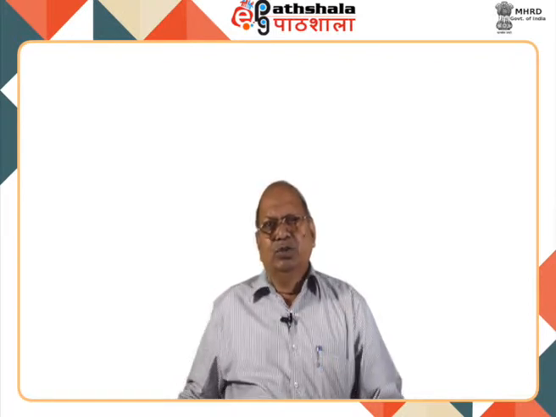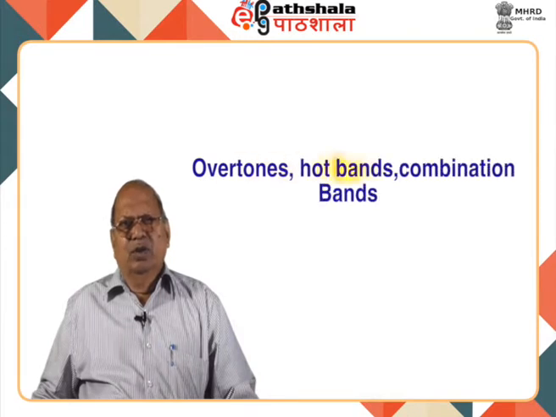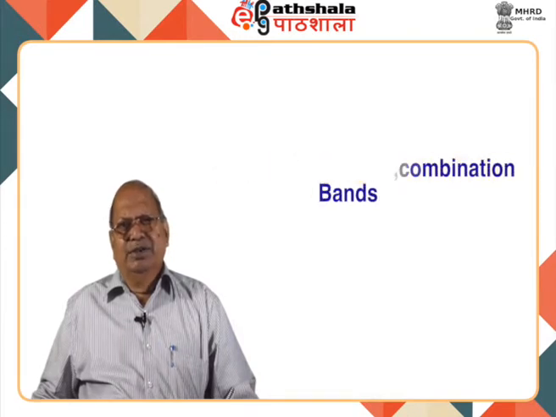What is their source and how do they arise? The origin of these side bands can be explained with the help of symmetry of vibrational modes associated with the molecule in question. Let us take first overtones, hot bands, combination bands.